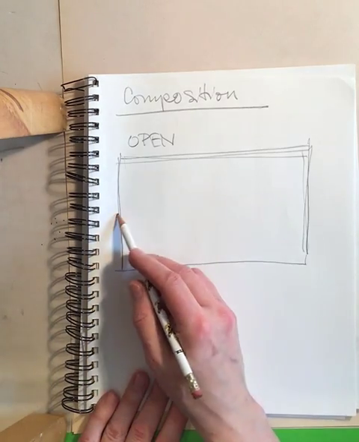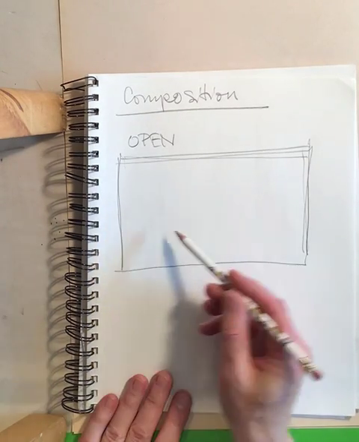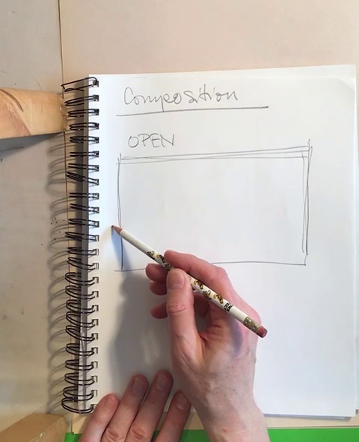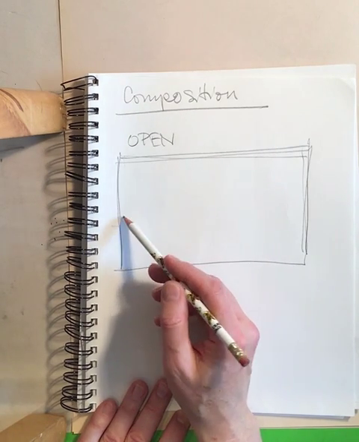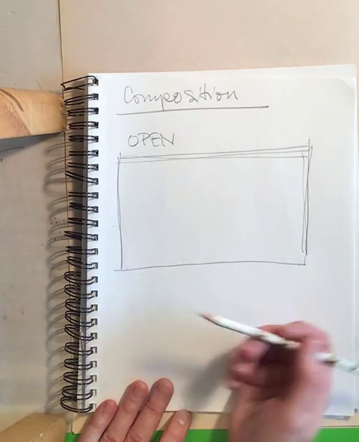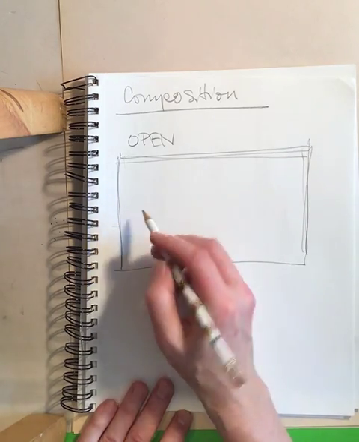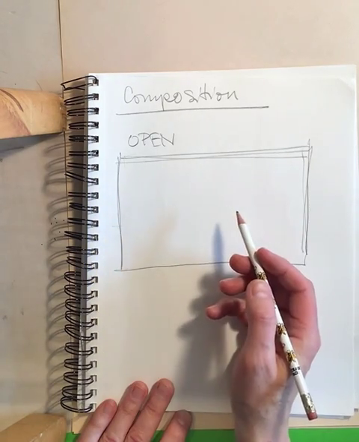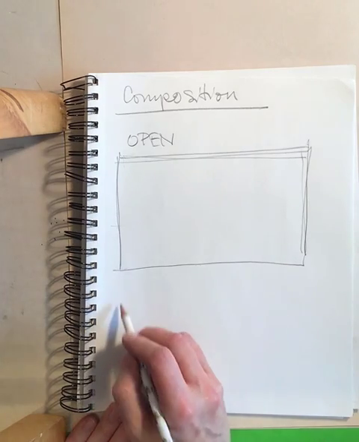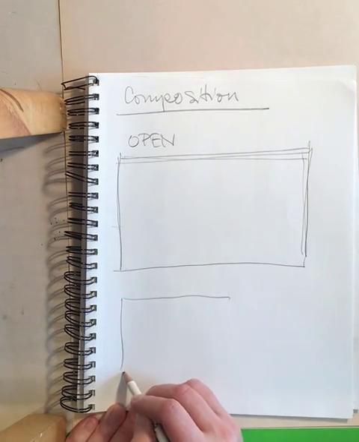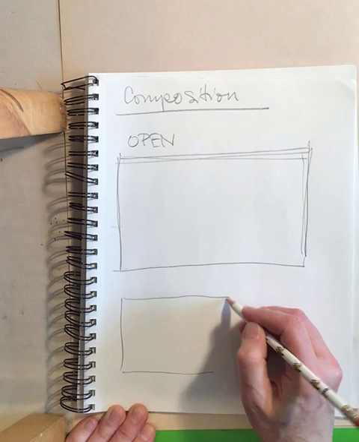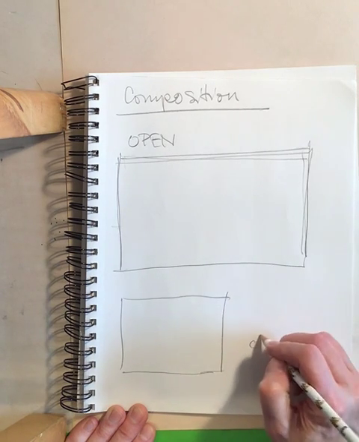All right, so open composition is when your image goes to the edge of the picture and gets cropped. So it's like this, and I'm going to just draw a little demo guy down here.